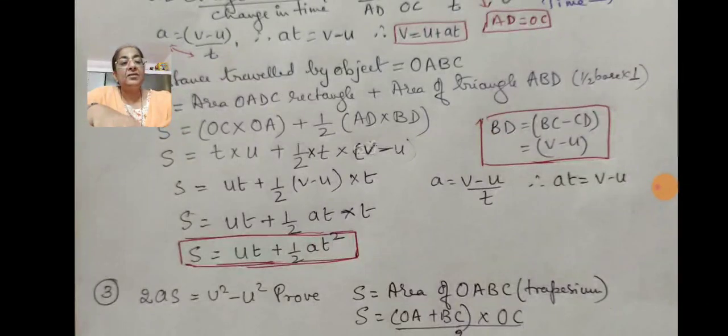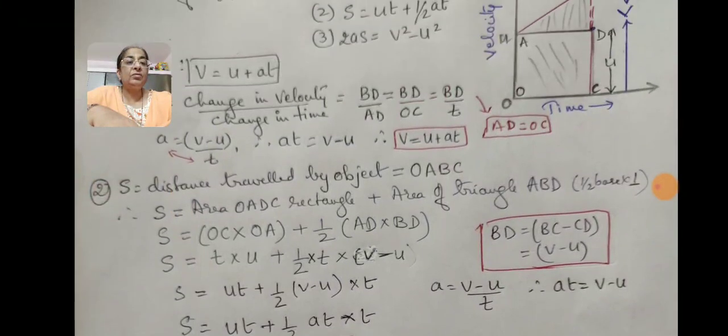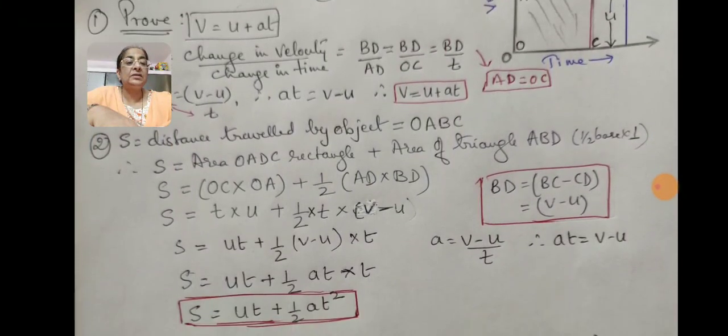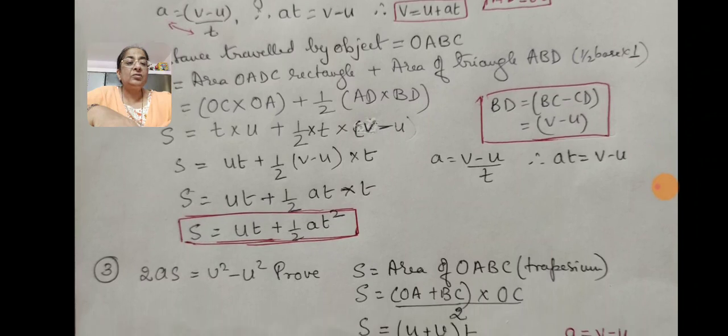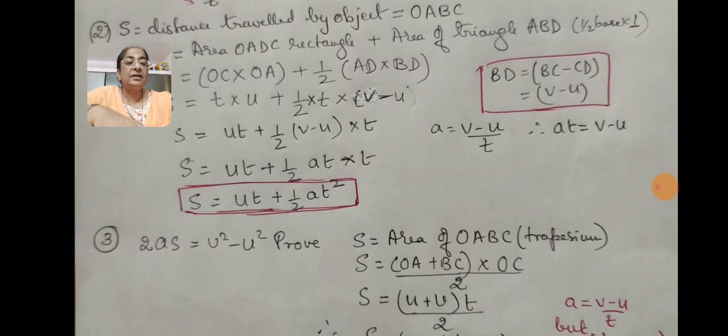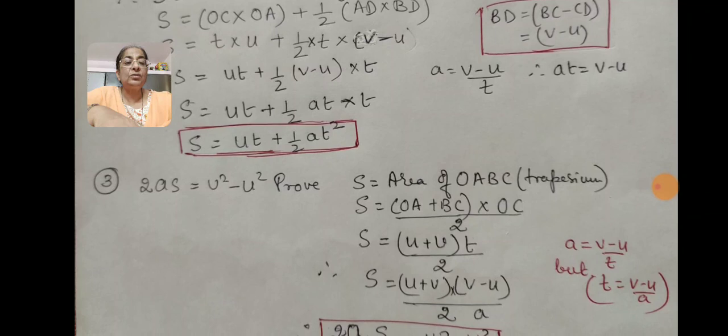So now we have 2 t's, so t square. s is equal to ut plus half at square. So we have derived two equations: v is equal to u plus at, s is equal to ut plus half at square. The last equation is 2as is equal to v square minus u square.